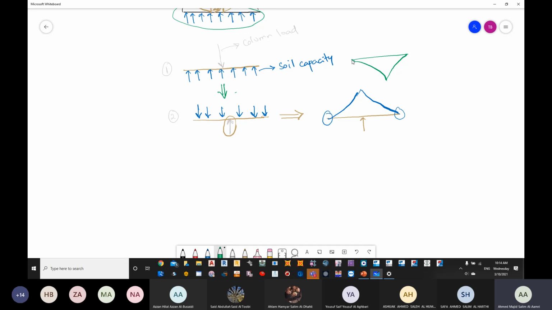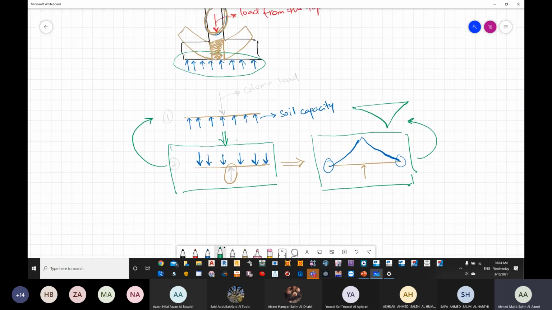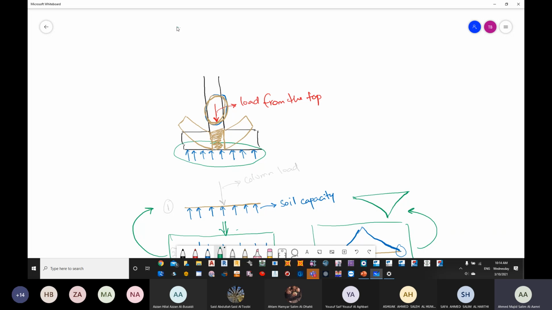Once again, this is a scenario that we know, and this is a scenario of the foundation. We have drawn the bending moment for a scenario that we know, and we just flipped it, which is representing the foundation. So now the bending moment for this particular foundation is going to be of this shape.